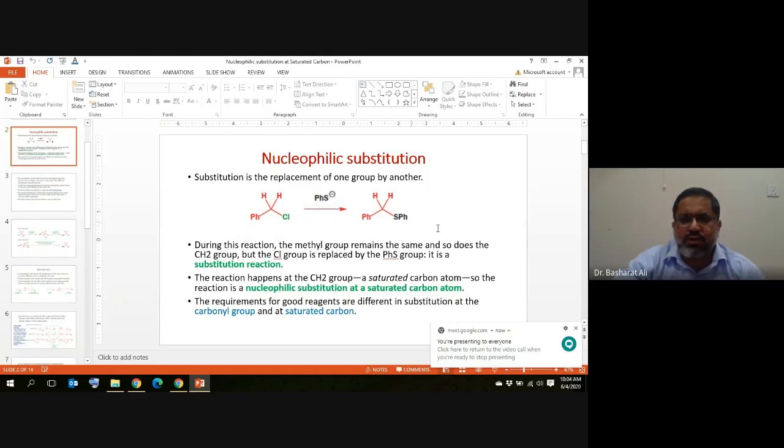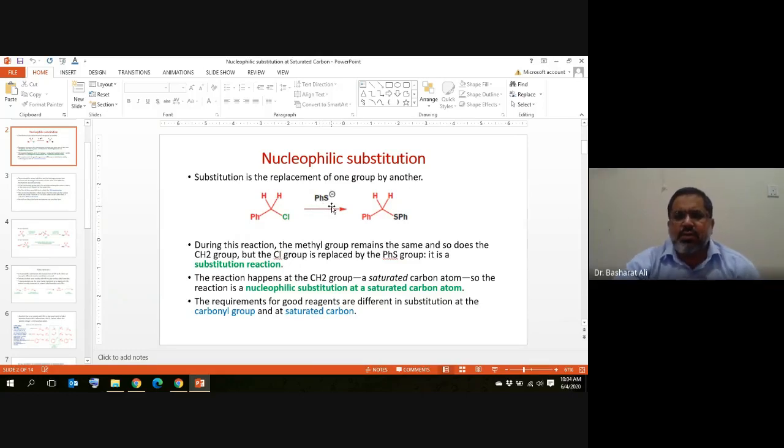The chloro group which leaves is known as the leaving group, and the PhS negative group is known as the incoming nucleophile. During this reaction, the methyl group and the CH2 group remain the same, but the Cl group is replaced by the PhS group. It is a substitution reaction.